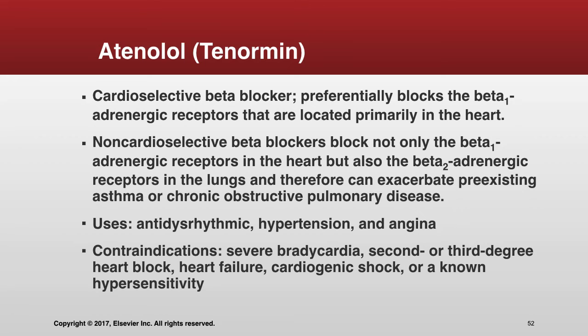So therefore it can exacerbate pre-existing asthma or chronic obstructive pulmonary disease. Its uses are antidysrhythmic, hypertension, and angina. Contraindications include severe bradycardia, second or third degree heart block, heart failure, cardiogenic shock, or a known hypersensitivity.